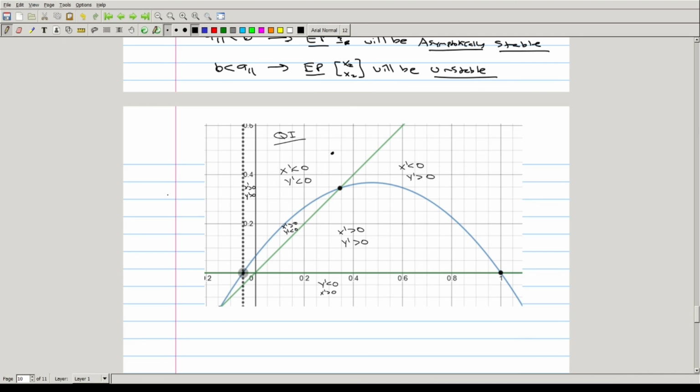Because x prime is negative here, and y prime is negative here, the solution direction will be like this. X prime is negative here, and y prime is positive right here, the solution direction will be like this.